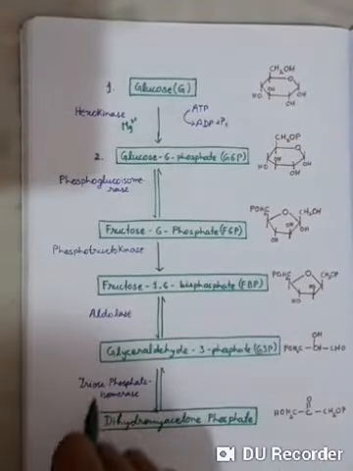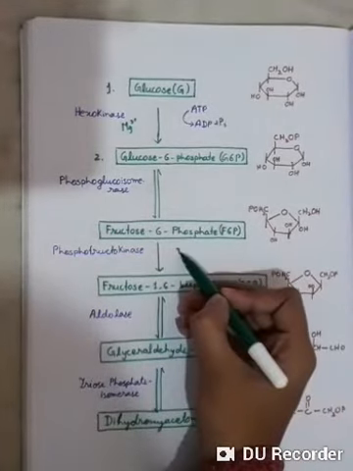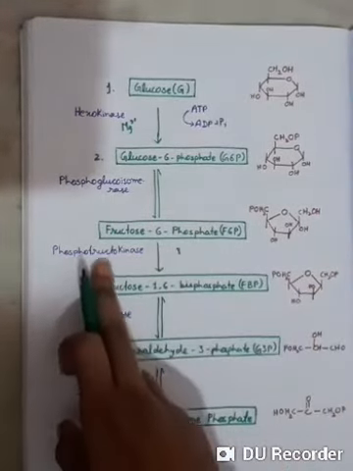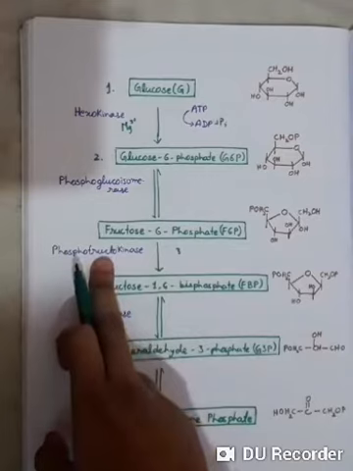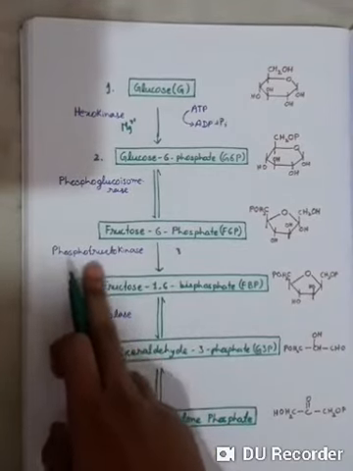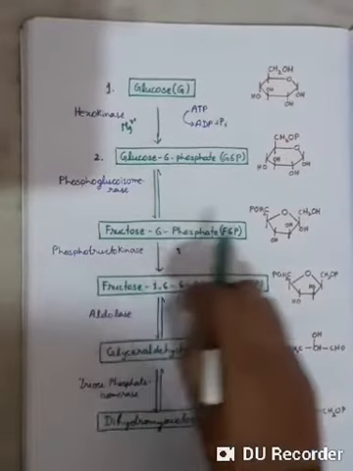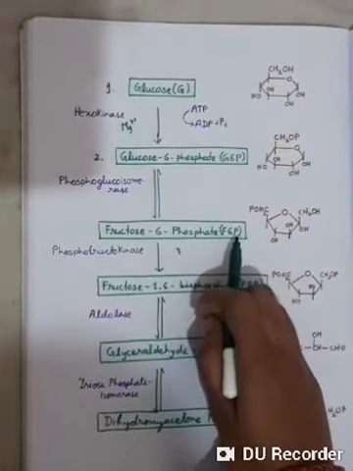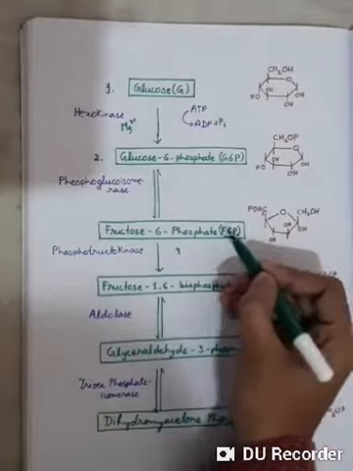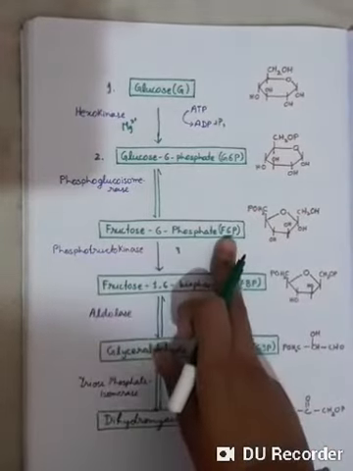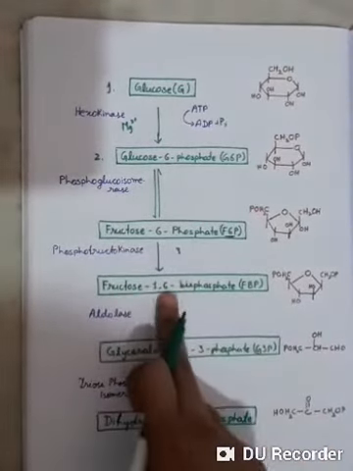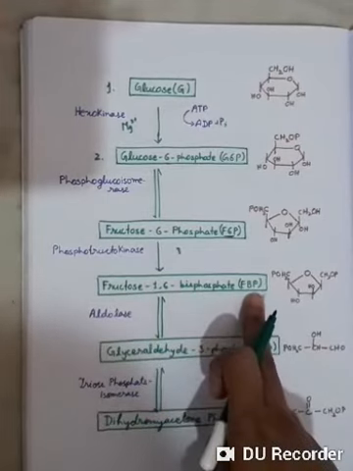Okay. So the third step is again a kinase enzyme involved here. You can note that phosphofructokinase. In this step, fructose 6-phosphate, F6P, is converted to fructose 1,6-bisphosphate, FBP.